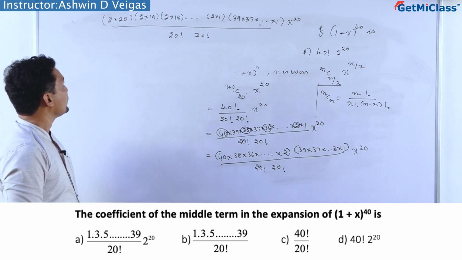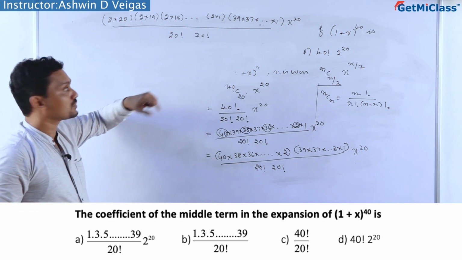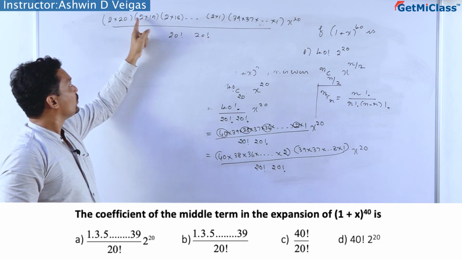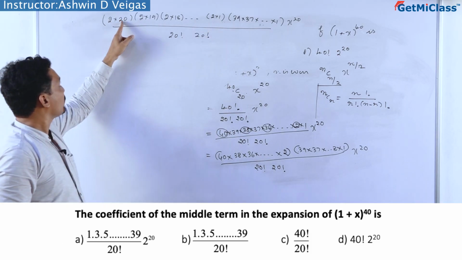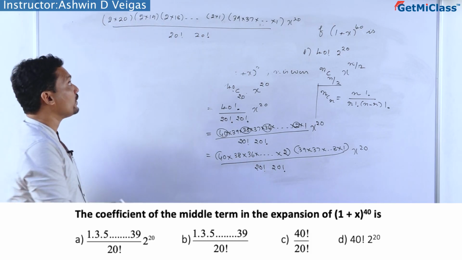Now, you can see from here there are so many 2's. In fact, there are 20 2's: 2 into 1, 2 into 2, like that, 2 into 18, 2 into 19, 2 into 20. Starting from 1 up to 20, every term has a 2. Therefore, totally there will be 20 2's.